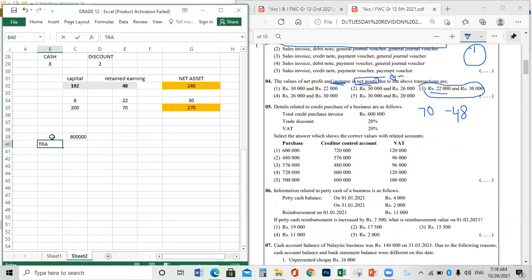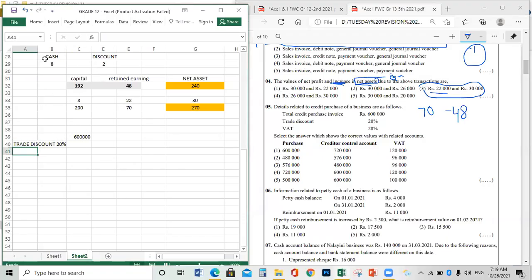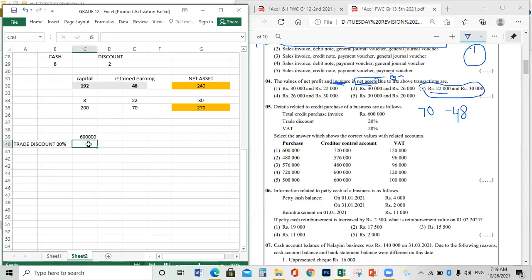How much is the trade discount? It is 600,000 into 20%, which gives you 120,000.